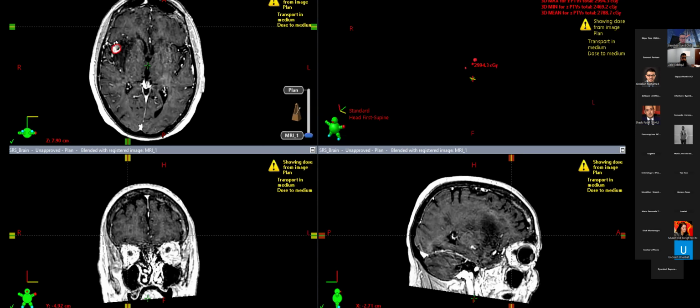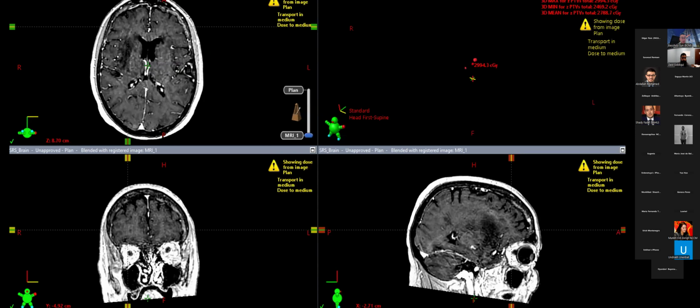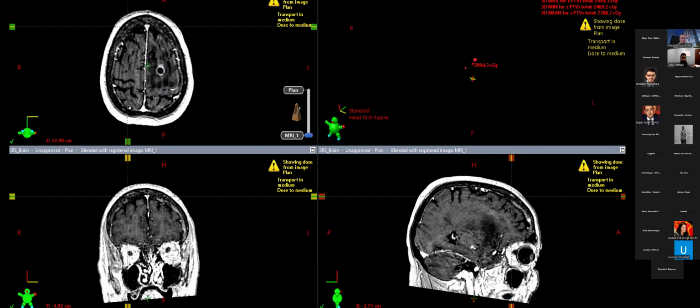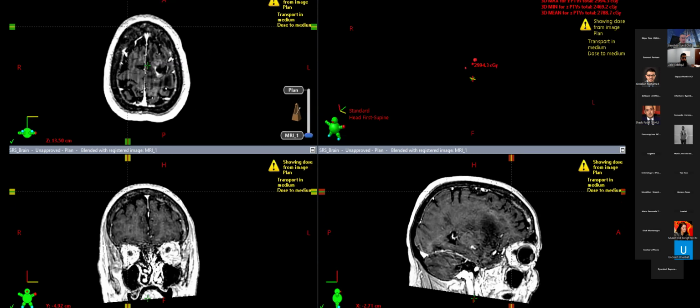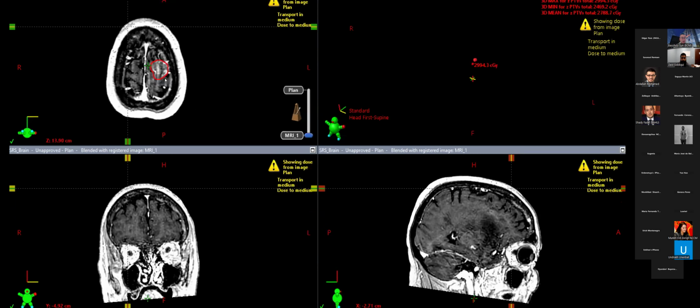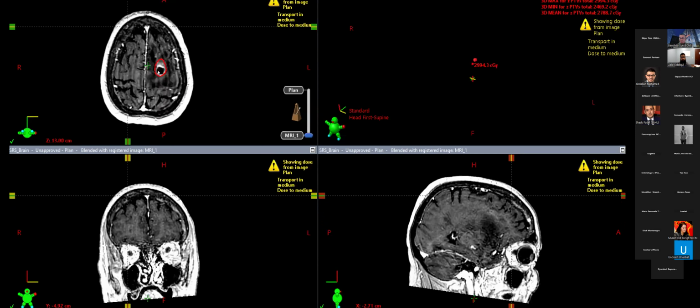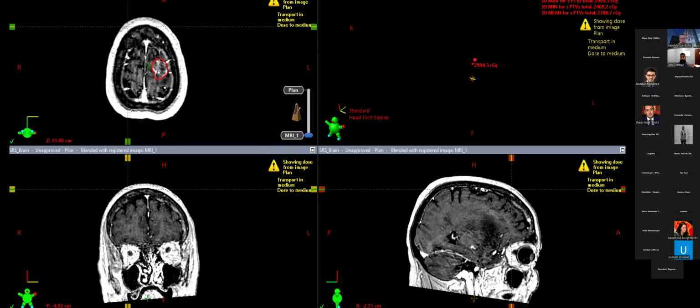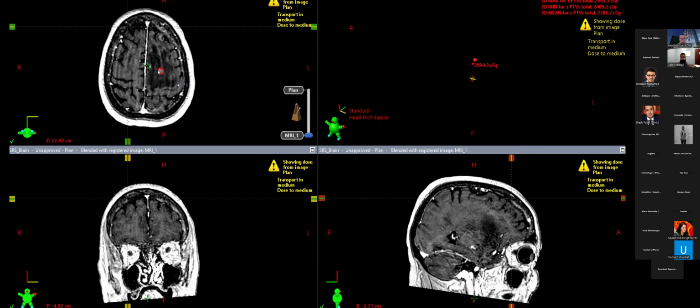So you can see that there's multiple tumors for this patient, including one that's a little bit larger right here. And this maximum diameter is actually greater than 2 centimeters. So as I mentioned before, for any patient who has a tumor with the maximum diameter greater than 2 centimeters, I like to use 9 gray times 3 fractions.